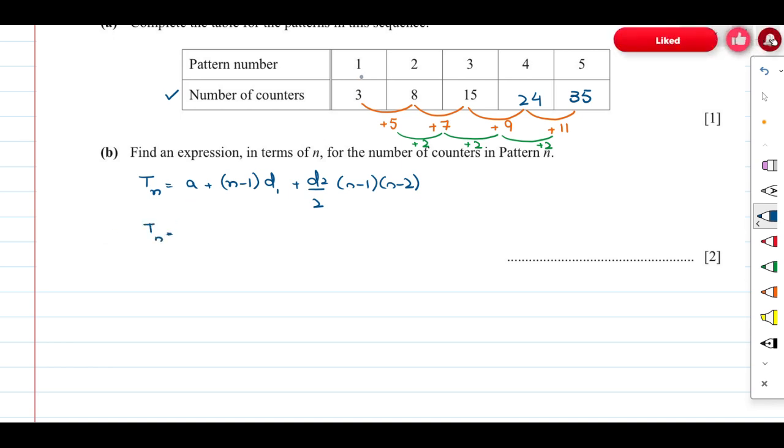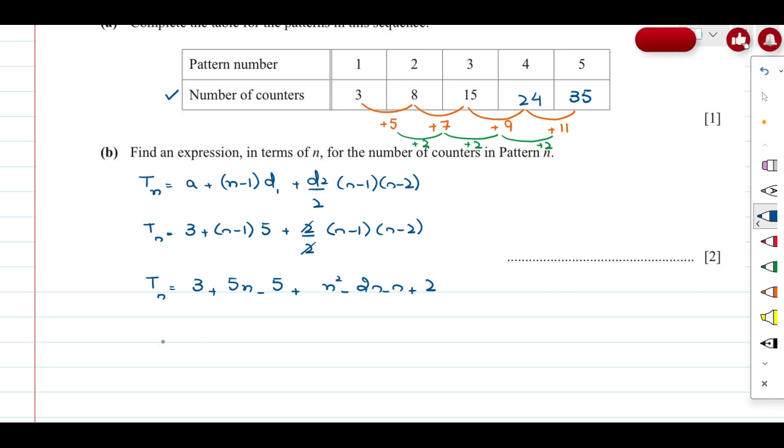Okay, now let me plug everything into the formula. So the first term of the pattern is 3, n minus 1. The first common difference is 5. Second common difference is 2, n minus 1 and n minus 2. Right. You can cancel it out. So the nth term would be equal to 3 plus 5 times n minus 5 plus n times n is n square, minus 2n, minus n and plus 2.